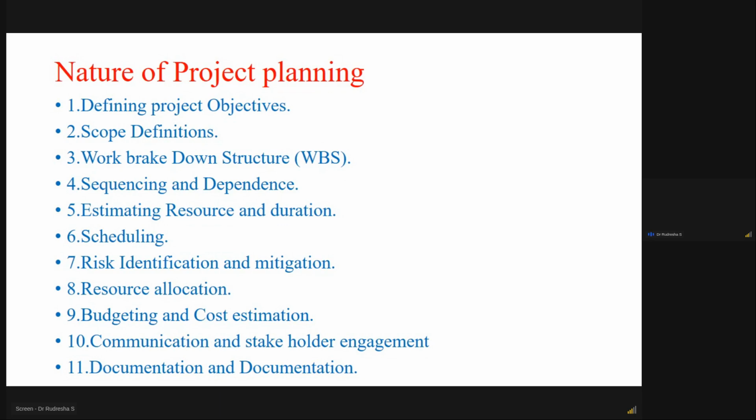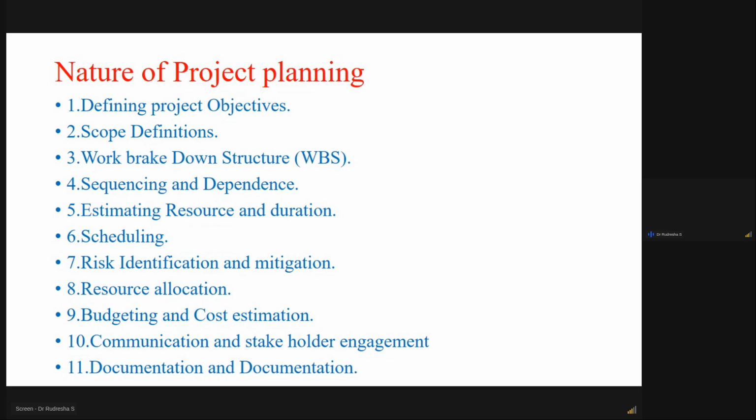Defining the project objectives means identifying the project and making the objectives. You may make five objectives, three objectives or eight objectives depending upon the project. Next, there are three times: past, present and future. The project has scope in the future days.